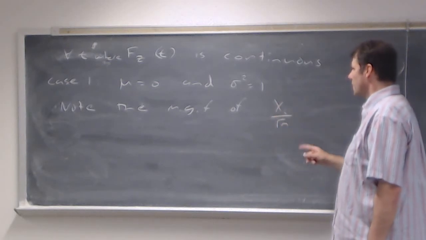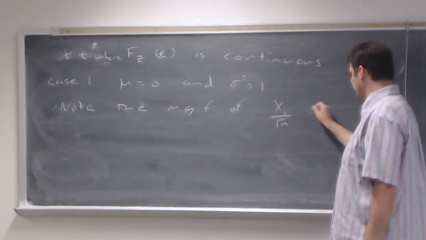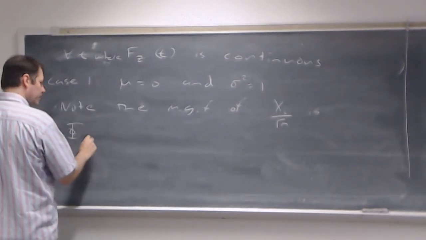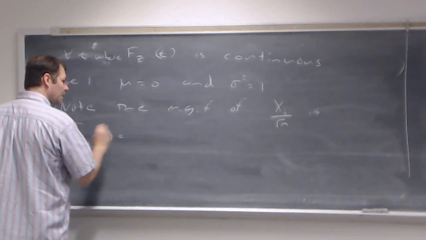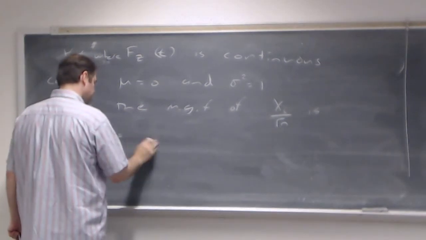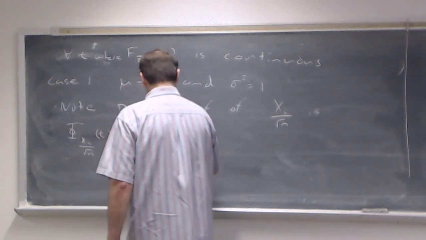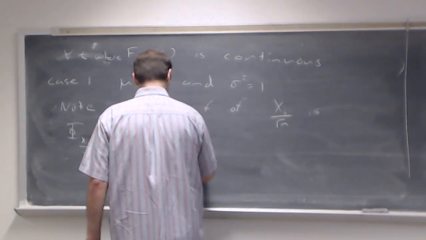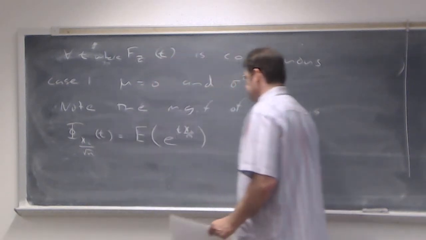One little part of it. Note the moment generating function for this guy is phi of X sub i over square root of n, of t, and that's going to be equal to the expected value of e to the t times X sub i over square root of n. It wouldn't be i, it would be t. Okay?